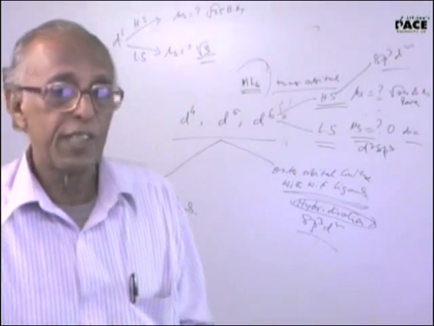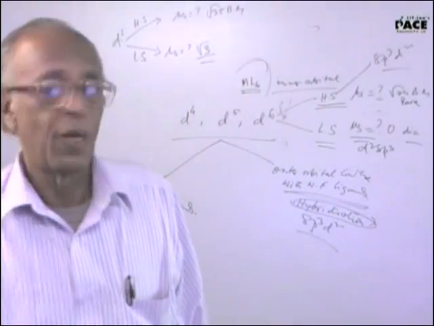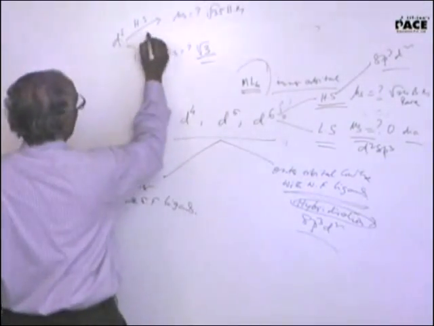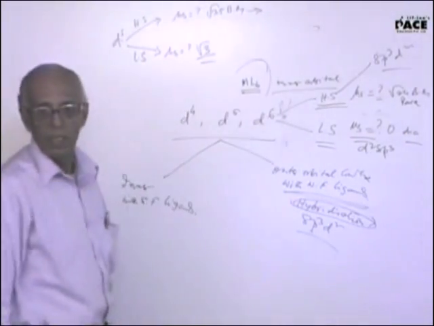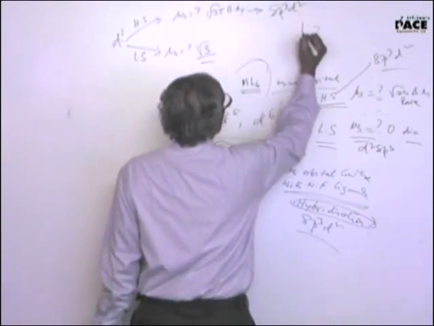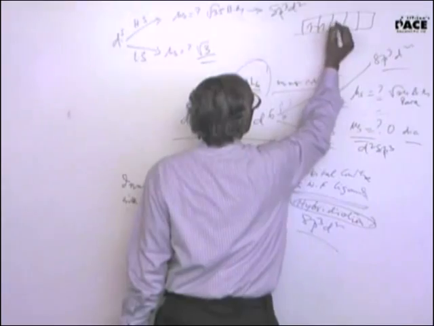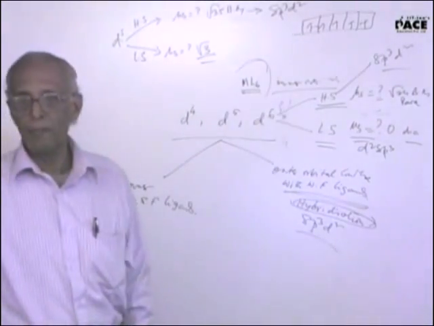So you can differentiate very easily whether it's a high spin or a low spin. If it is a high spin, what will be the hybridization? sp3d2. There is no d orbital available.